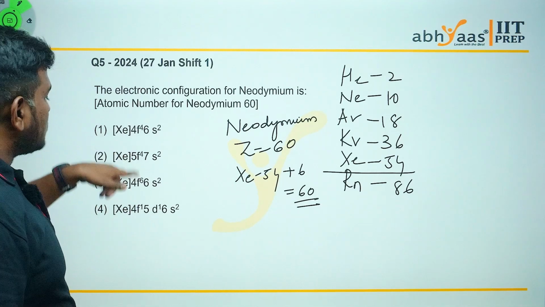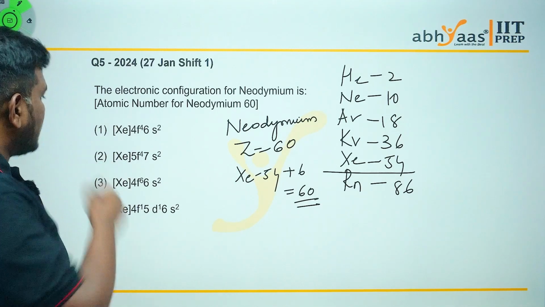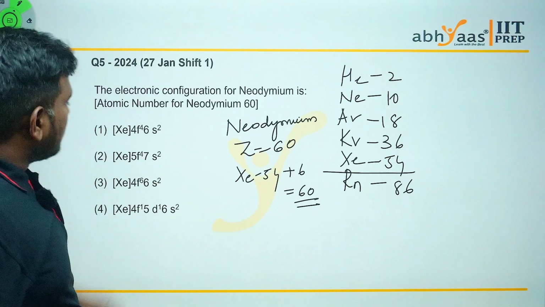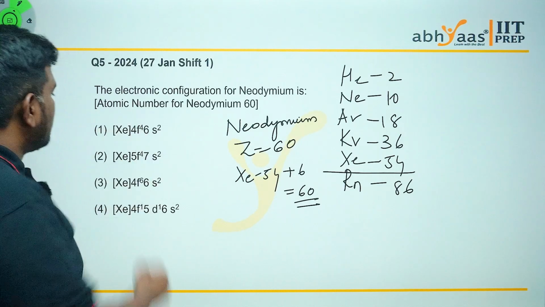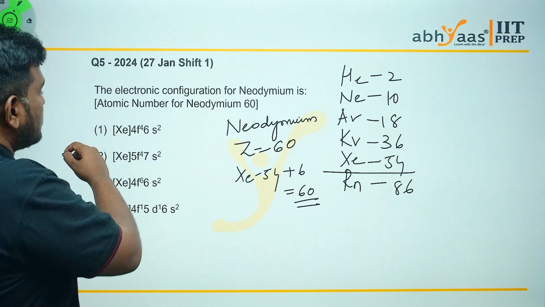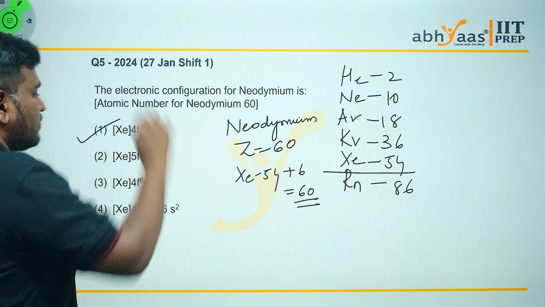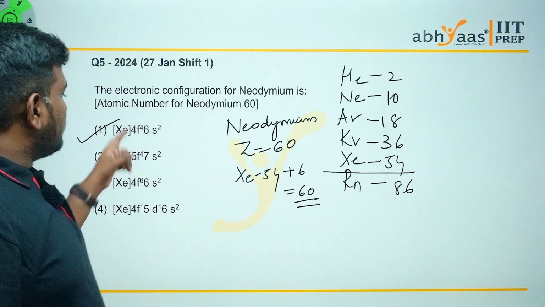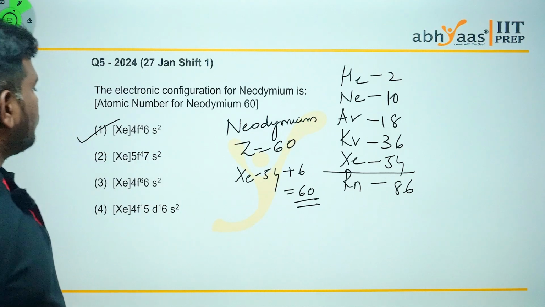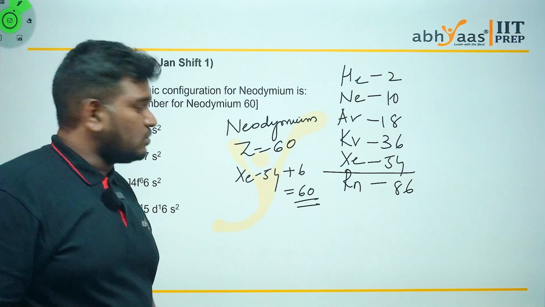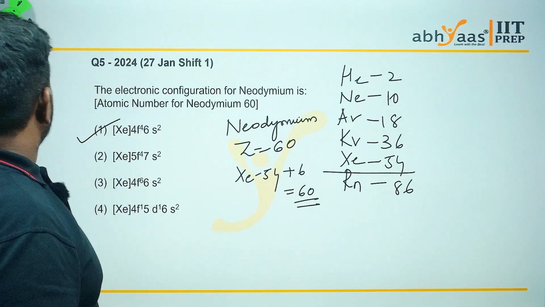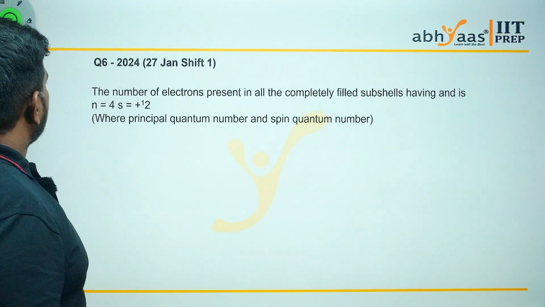So it is between the first and second. And you know that as it is neodymium, it will be 4f4, 6s2. You know the position of this particular neodymium, and we can conclude it will be 4f4, 6s2. Right. So it was an easy question for you. Now we will go to the sixth one.